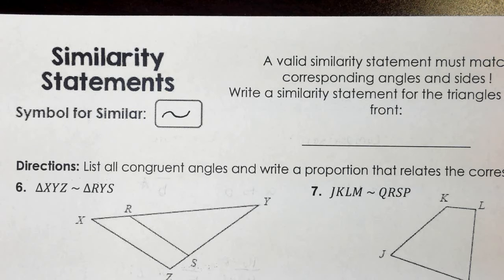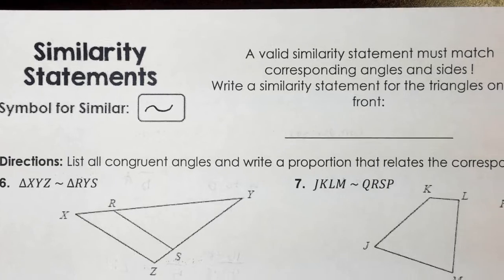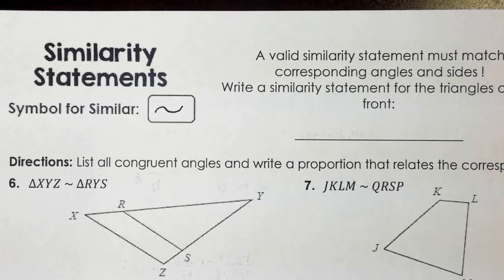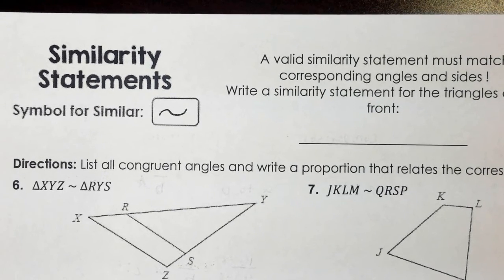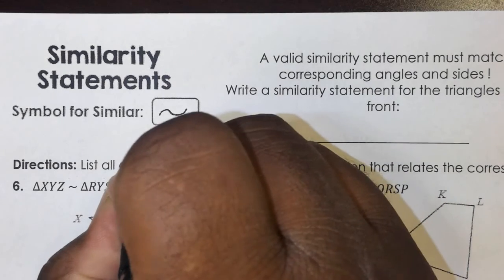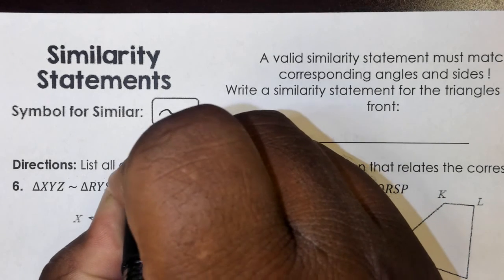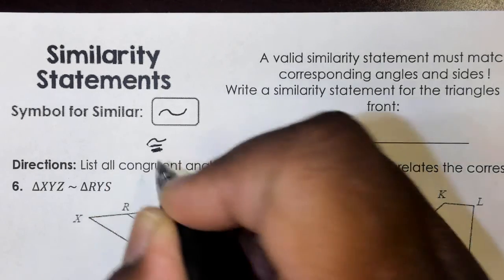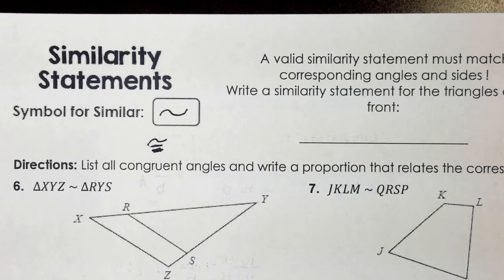This means similar. So you gotta notice when you see similar versus when you see the congruent sign, and you should know which one, what they're telling you based off that. They tell you stuff is similar, you know that the side lengths will be different. They tell you they're congruent, they're exactly the same. Alright.